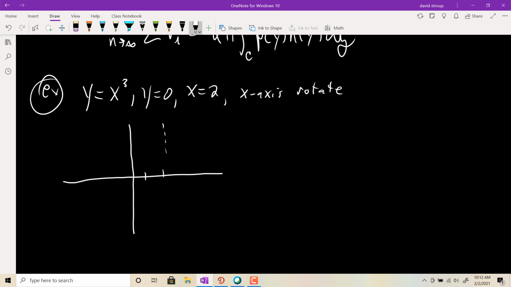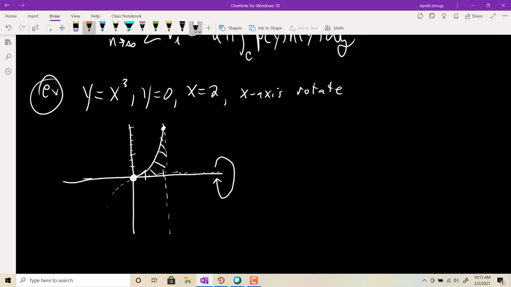We're going to 2, and then y equals 0 is just the x-axis. At 0, y equals x cubed is 0. At 2, when you put in 2 for x cubed, you get 8. So it's up to here. You kind of know what the cubic looks like, hopefully. Looks like this. So the region we're worried about is this region, and we want to rotate it about the x-axis.